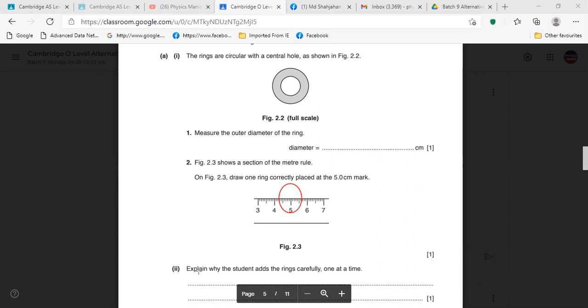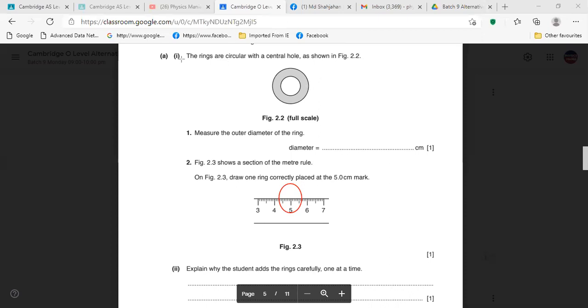Any more ideas? It's to get a perfect equilibrium. So that the rings don't slide. Or the center of mass doesn't change and it topples over. So you can write any one of them.